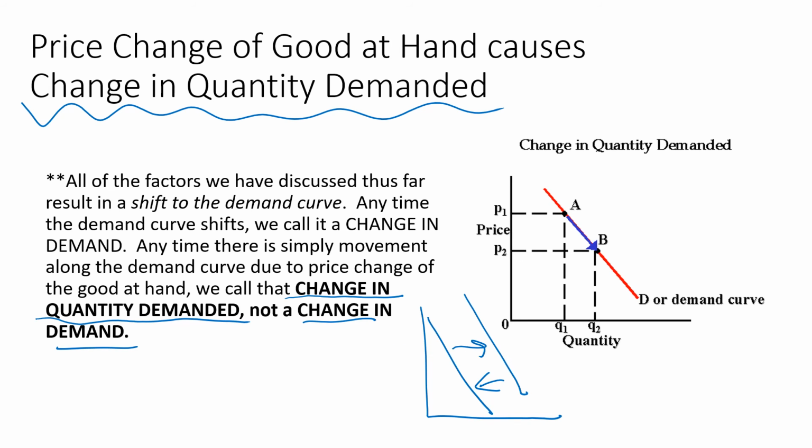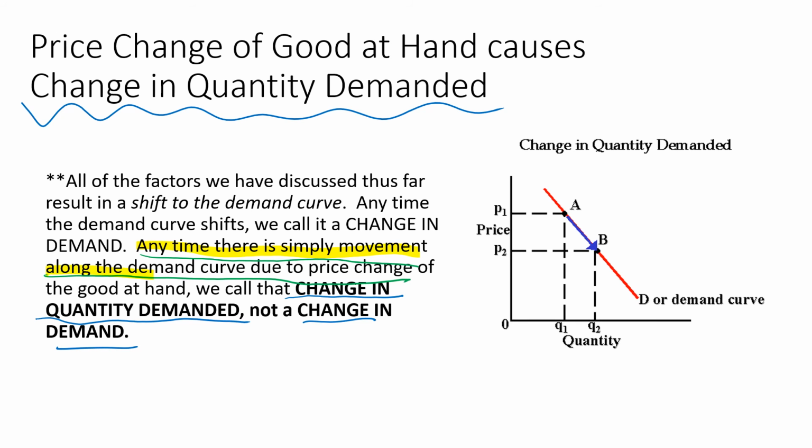A change in quantity demanded is simply a result of a price change of the good at hand. So I'm underlining that in green. Anytime there is, I'll highlight it actually. It's simply a movement along the demand curve up or down due to a price change.